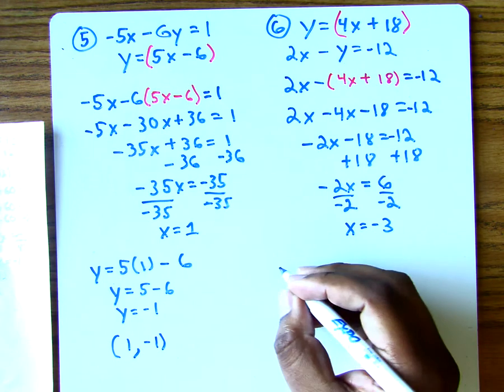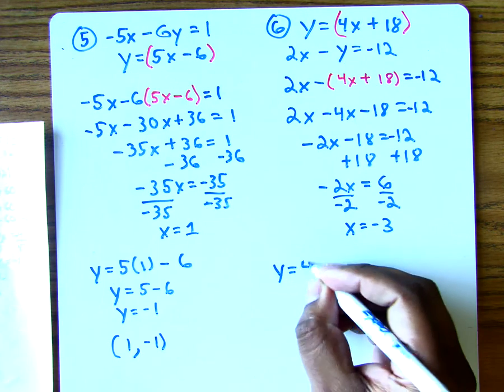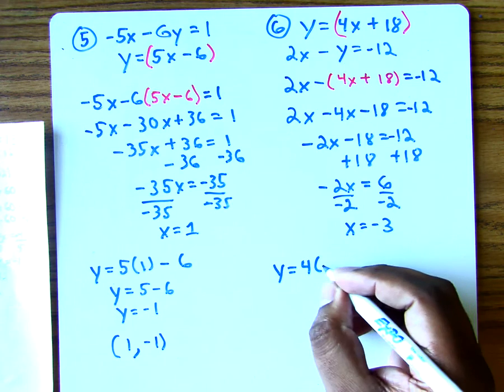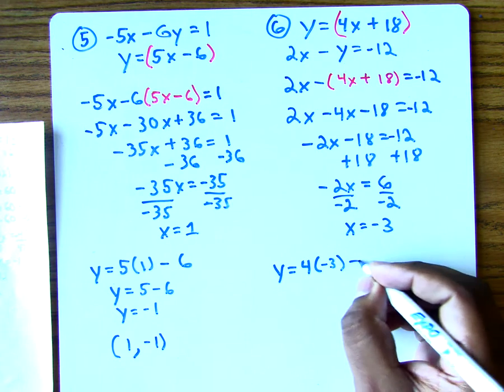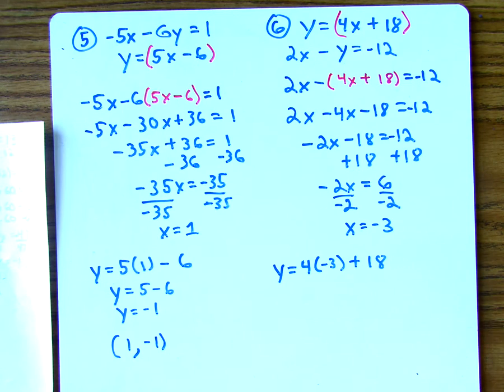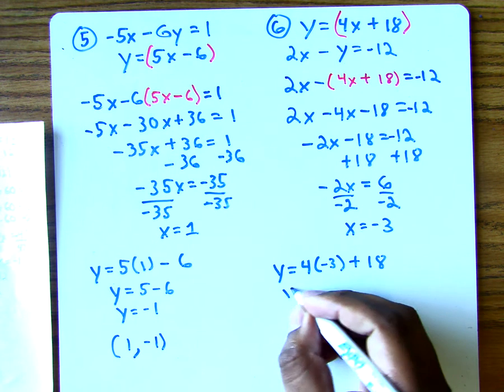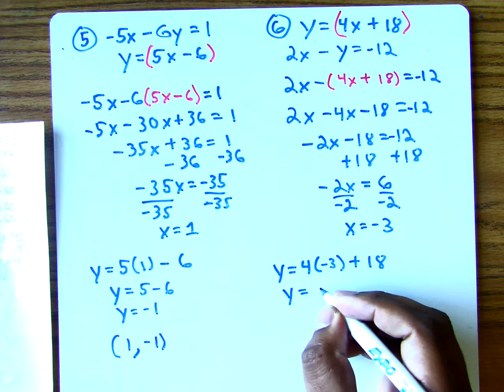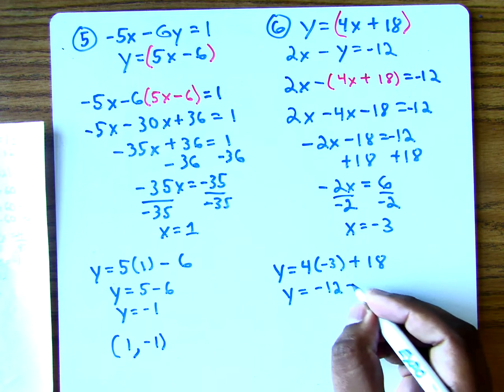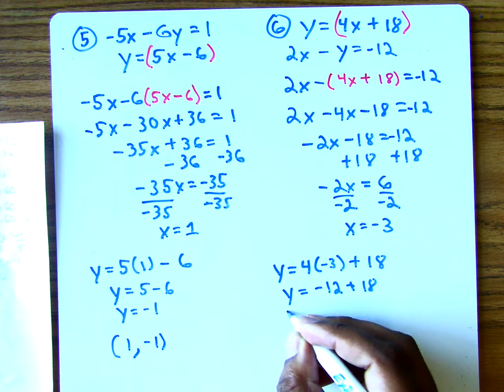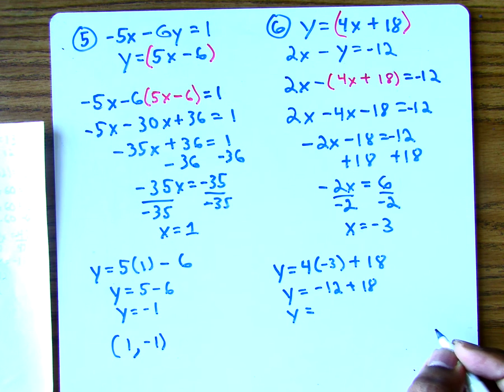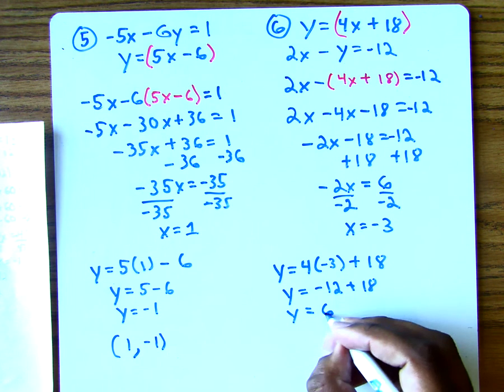So y is equal to 4 times negative 3, which is negative 12, plus 18, and then y is equal to positive 6.